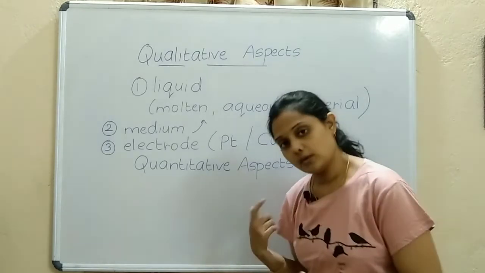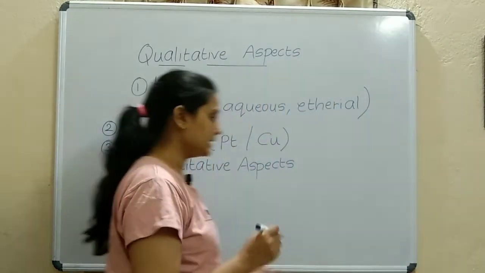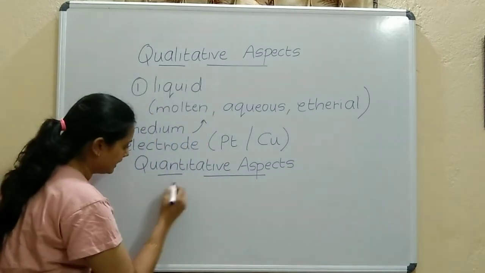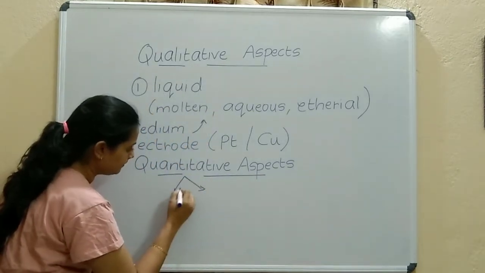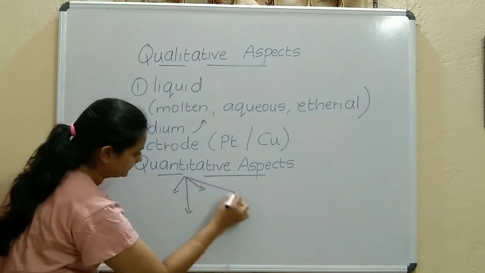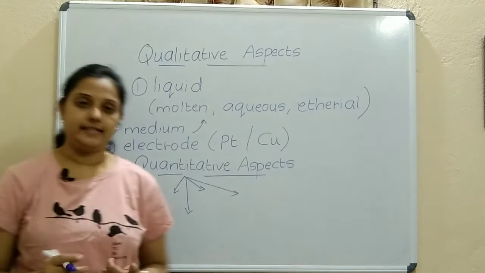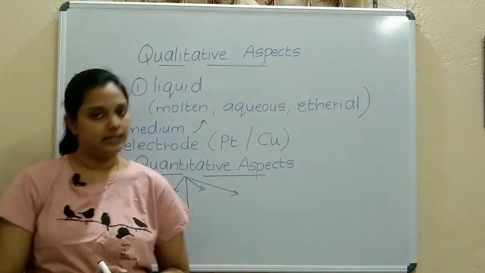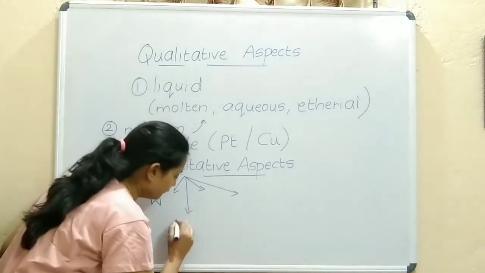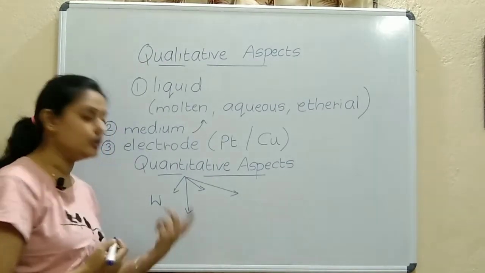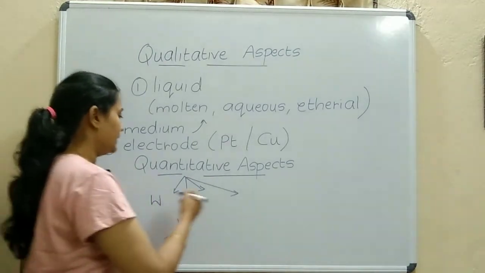Okay. Next is the quantitative aspect. Quantity, right? Using this aspect, four things are there. One is W: how much weight has been deposited on the electrode? Then volume: how much volume of electrolyte is taken, or how much volume has been deposited?